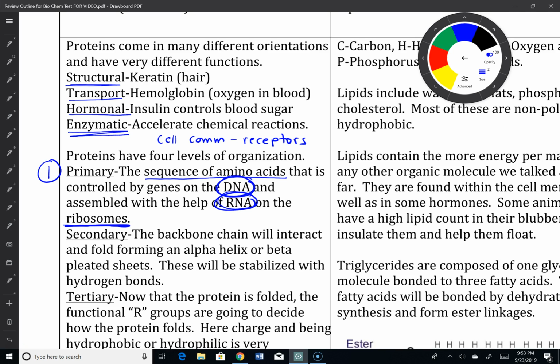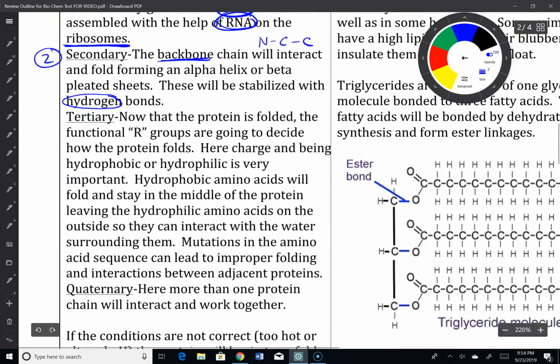Secondary structure, things are getting a little bit more interesting. Here, we are looking at the backbone chain, and what I mean by the backbone chain is the NCC part of the chain, not the R group. Here, you're going to form hydrogen bonds, and with those hydrogen bonds you will form either alpha helices or beta pleated sheets.